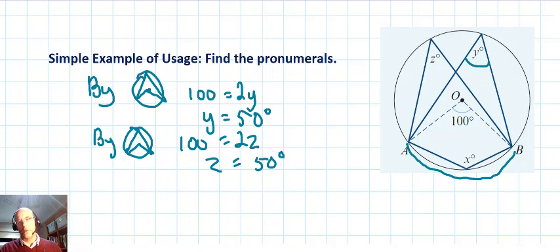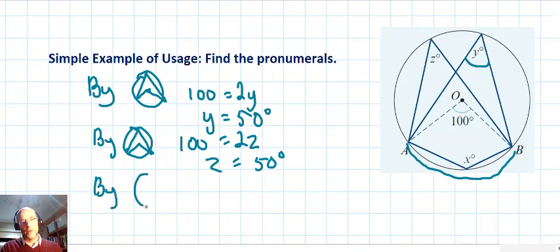Now, if we want to use the theorem we've just developed, you could say by cyclic quadrilateral. You deliberately make it not look like a rectangle on there, because a quadrilateral does not have to be a rectangle, that's a special case if anything.